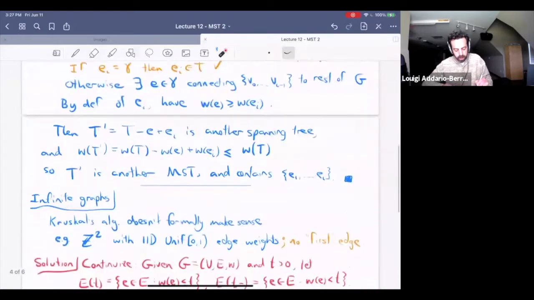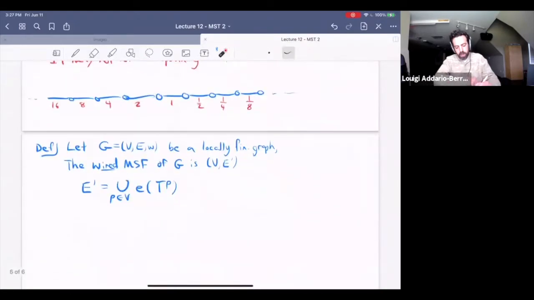Now I'm just taking the union of all of those edge sets. So this also might not be a tree.